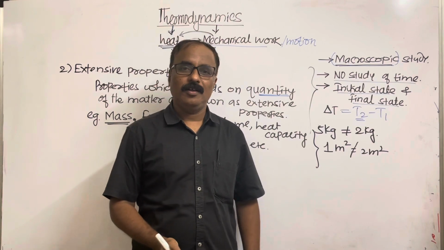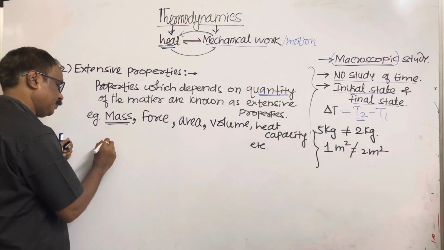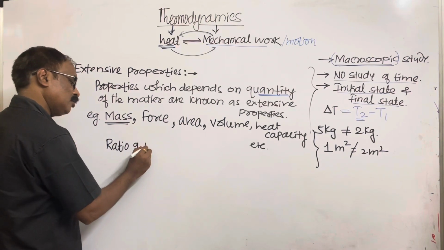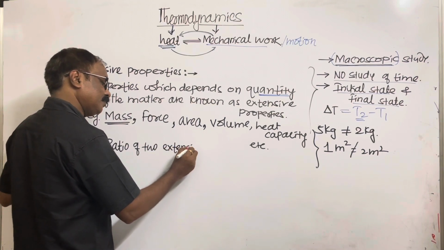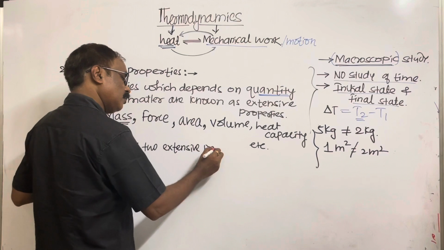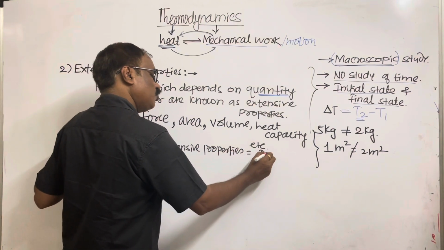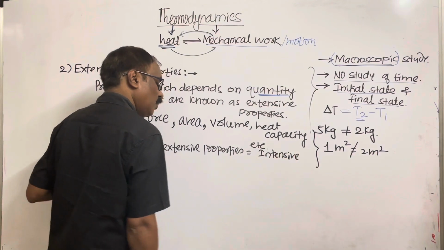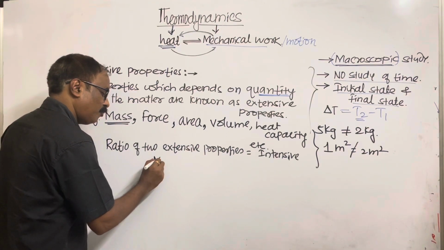is said to be what? Extensive property. See here, a ratio of two extensive properties is equal to intensive property. इसका एग्जाम्पल है मास अपॉन वॉल्यूम.